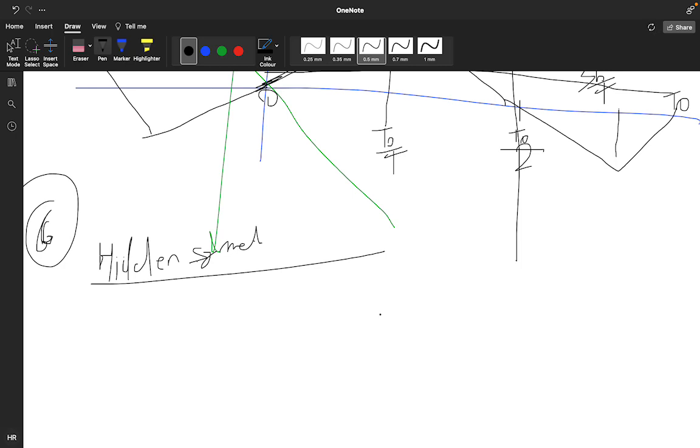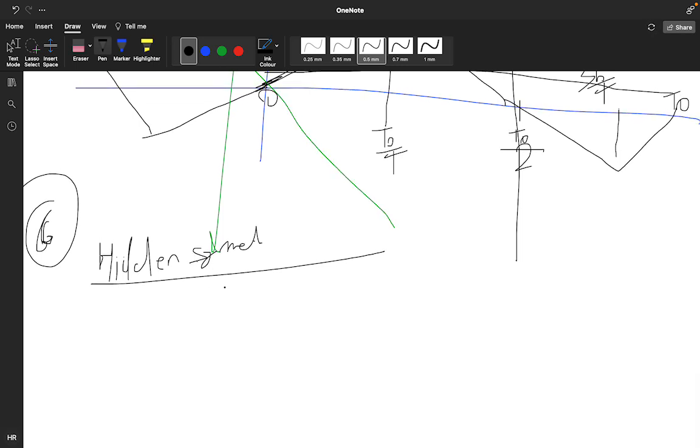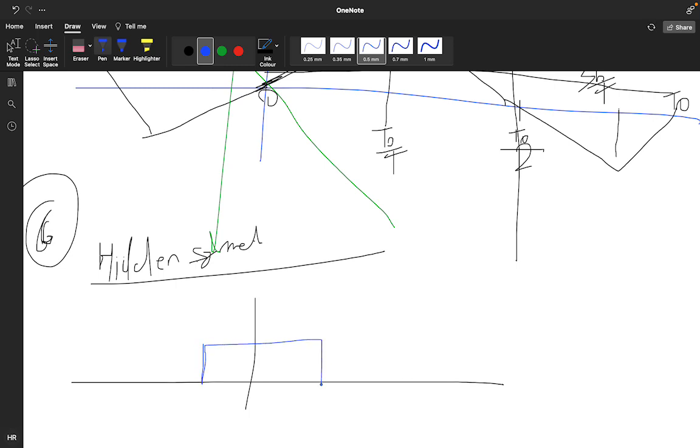When the symmetricity is even, we can say the half wave symmetricity is even. So then how will we draw this kind of a signal? Suppose the signal is like this, with no negative term. This is 0 value.